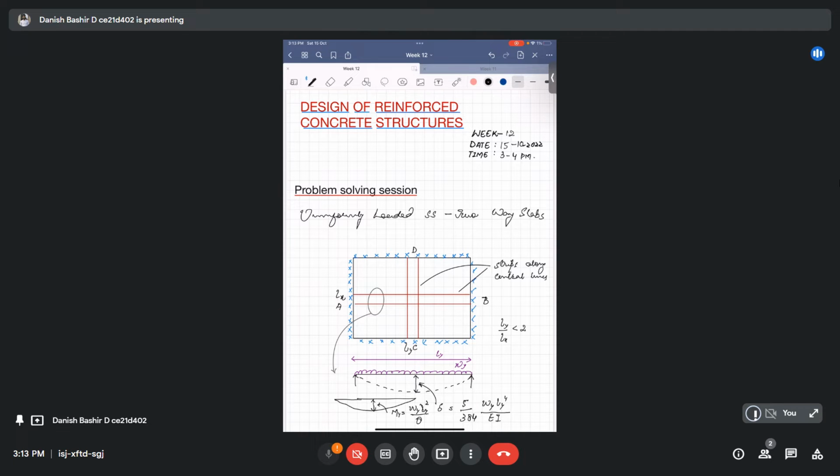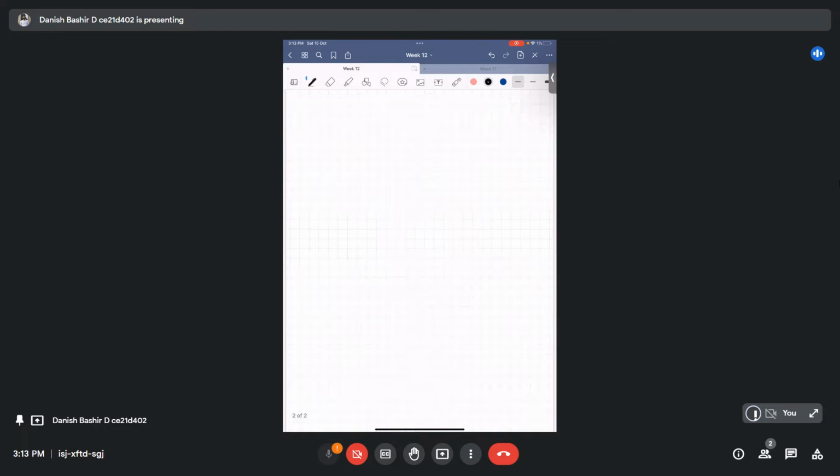If we do the same thing for the strip which is oriented along the Lx direction, we will have again a simply supported slab like this one. Along this orientation, we will have an elastic curve like this one. You have to connect everything with that slab one. I'm making them a little bit bigger to differentiate both of them.